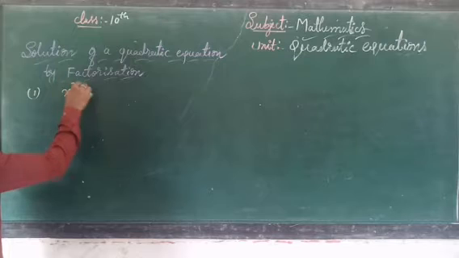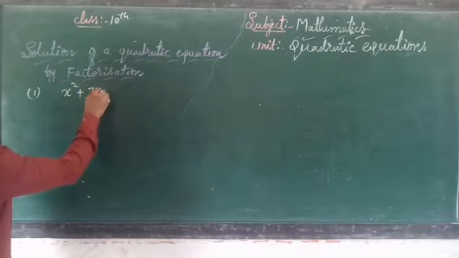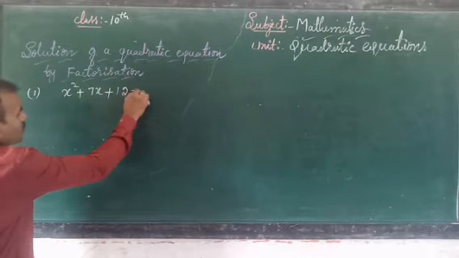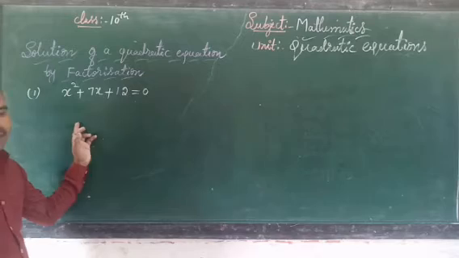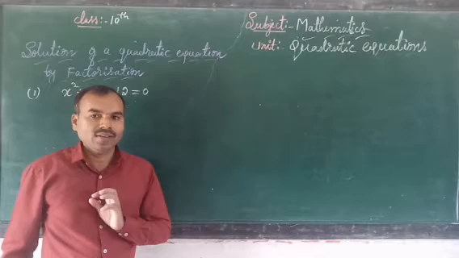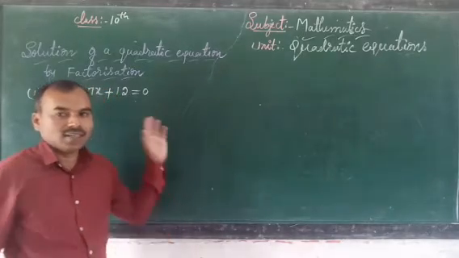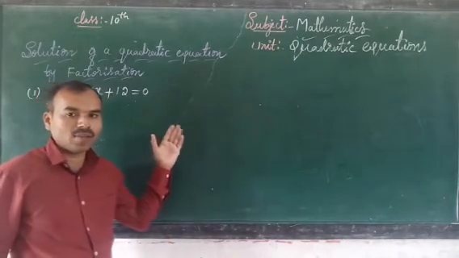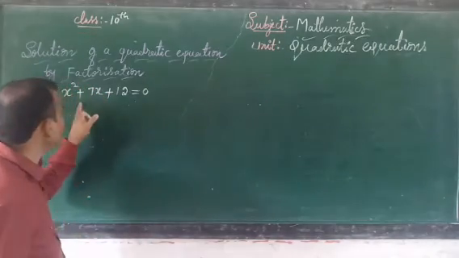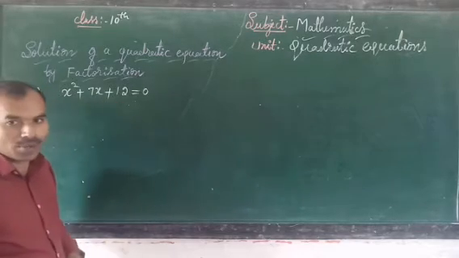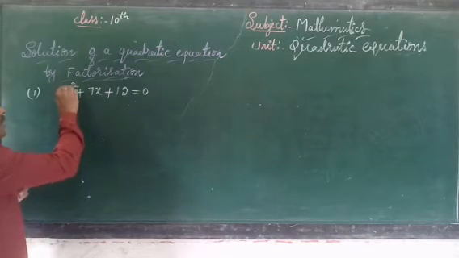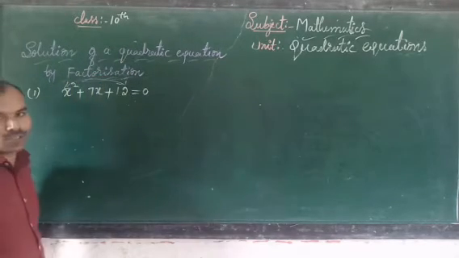X square plus 7x plus 12 equals 0. Dear students, in the 8th standard and 9th standard, we had already learnt this type of equations. This is a trinomial, x square plus 7x plus 12. First, we multiply first term and last term.